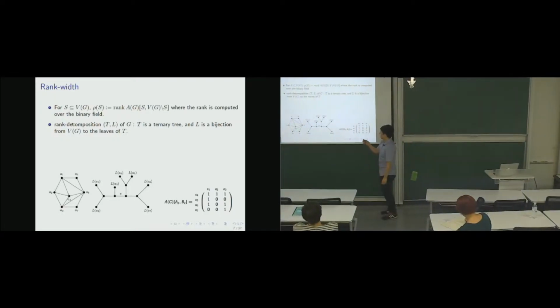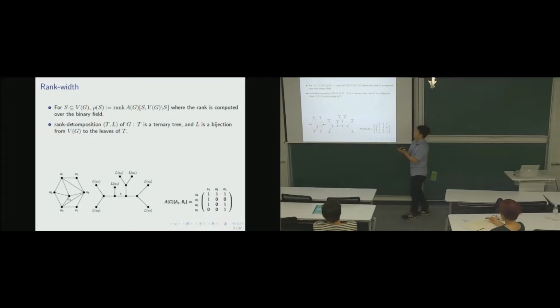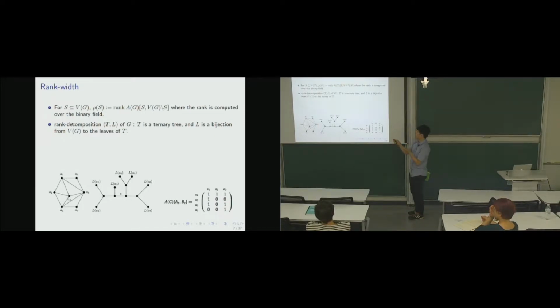You have to know the cut-rank function here: when you take a vertex set S of a graph, you look at the submatrix of the adjacency matrix, where the rows are indexed by S and the columns are indexed by the rest, and you put 1 if the corresponding vertices are adjacent, and 0 otherwise. And then you compute the rank of this matrix over the binary field.